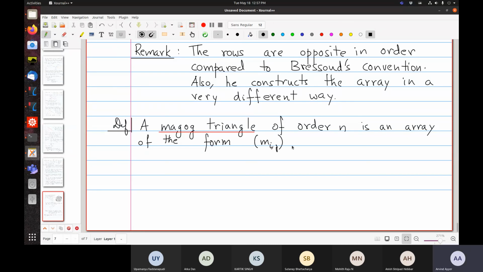I'm using M for magog, where i goes from 1 to n and j goes from 1 to n minus i plus 1, so that there are n entries in the first row all the way up to 1 entry in the last row.